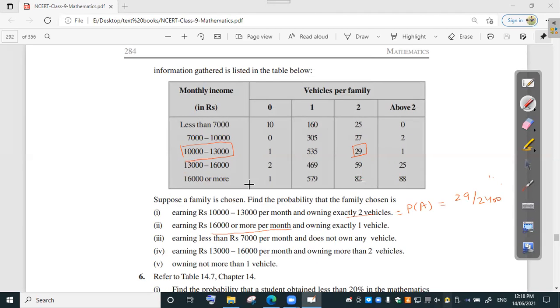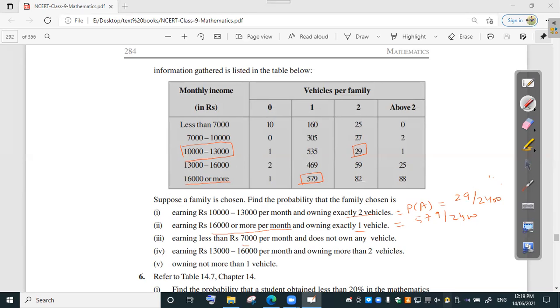Similarly here, earning 16,000 or more and owning one vehicle is 579. So this probability will be equal to 579 divided by 2,400.